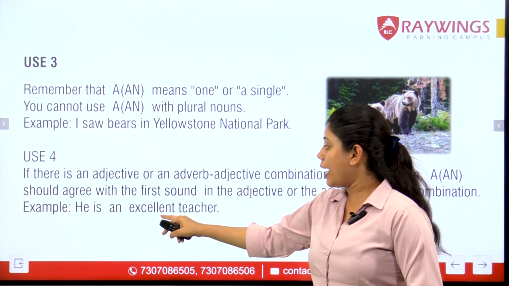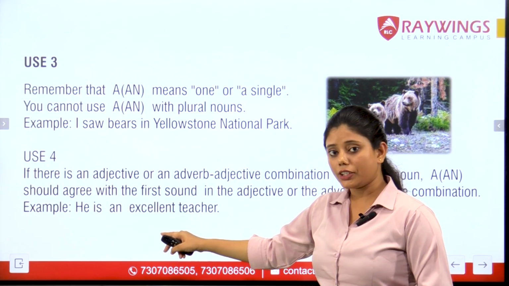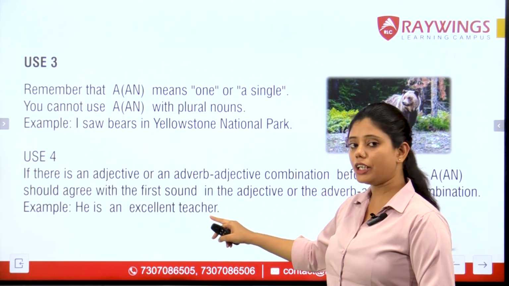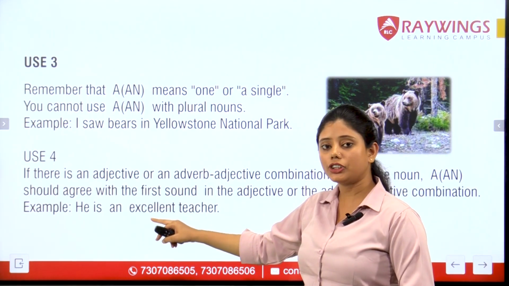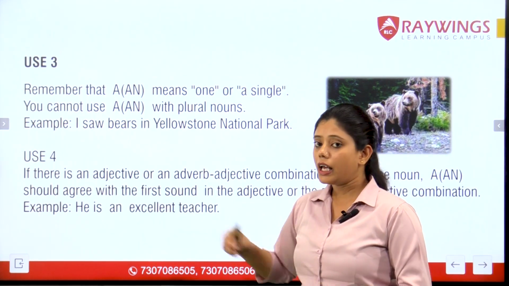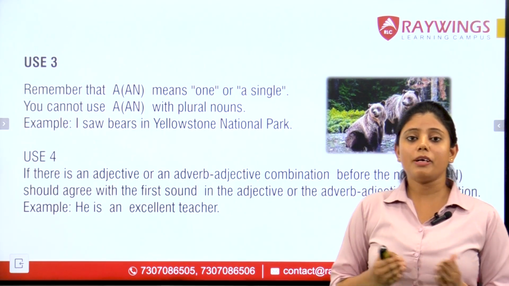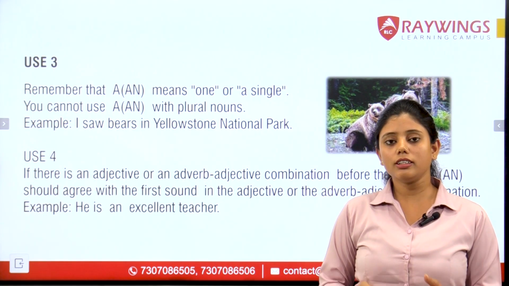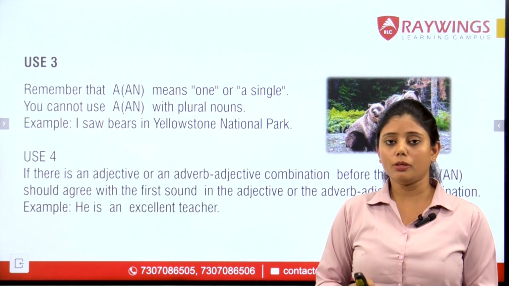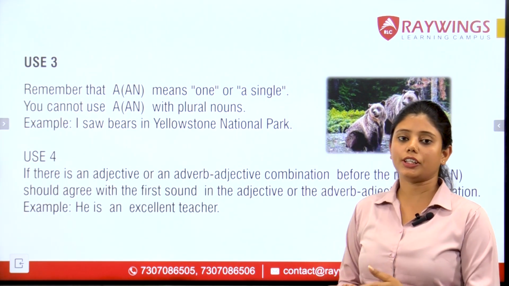Here, excellent is an adjective which is qualifying the word teacher. So we are going to use the article according to the adjective used in the sentence. Sometimes an adverb and adjective combination might come. Then we are going to use articles according to the adverb which will come before the adjective and the noun.